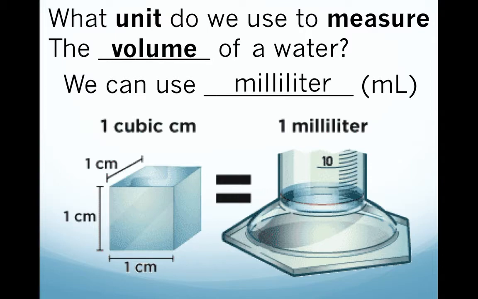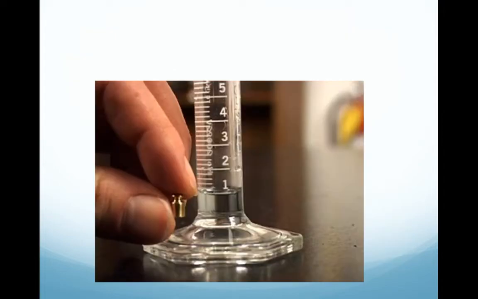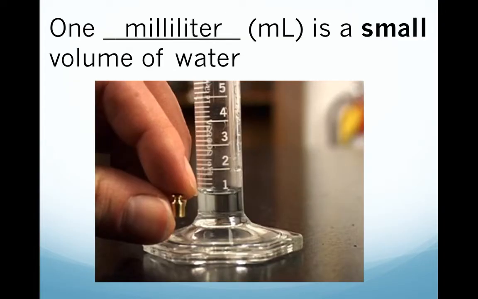Milliliter. Or quite fast, milliliter. 1 cubic centimeter equals 1 milliliter. But 1 milliliter is a small volume of water. Very small.